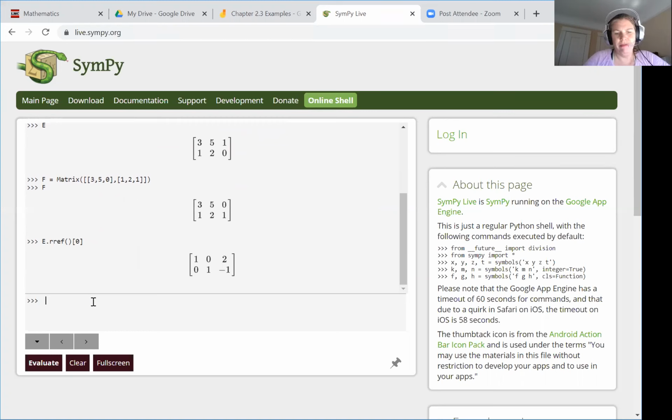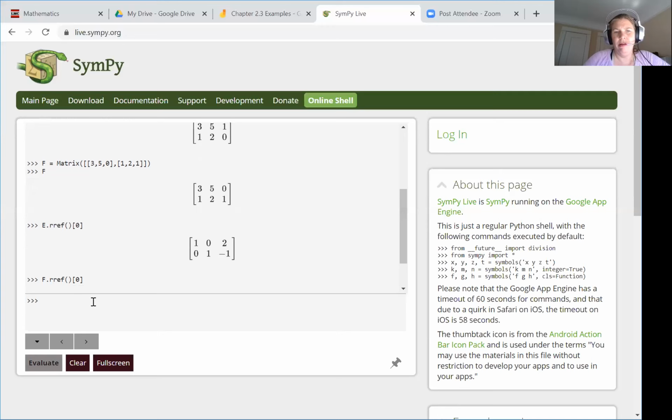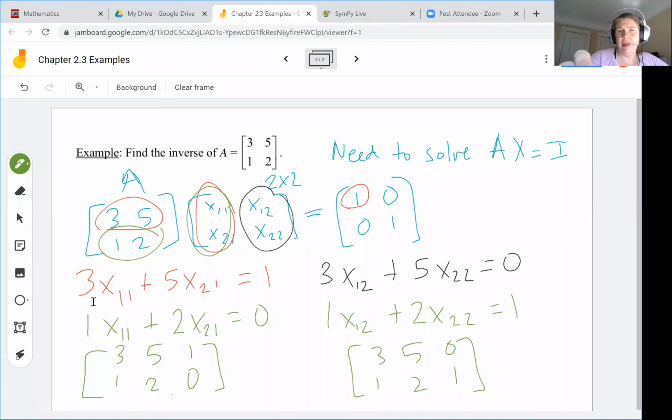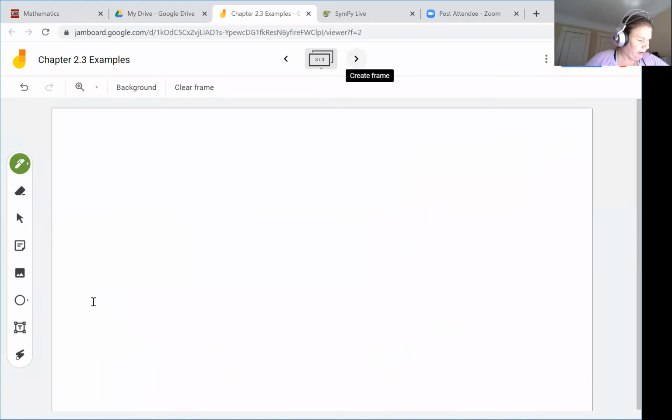And then we'll do the same thing for matrix F. And you can call your matrices any letter that you like as long as Sympy's happy with it. I just chose E and F for convenience and not to mix up with what we've already called matrix A. All right, so here are our 2 reduced row echelon form matrices. So I'm going to go back to my whiteboard and keep calculating with these matrices.